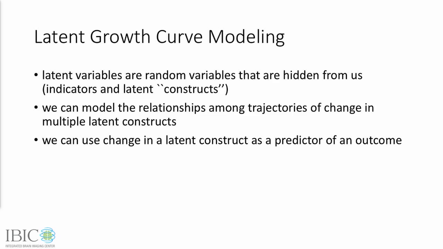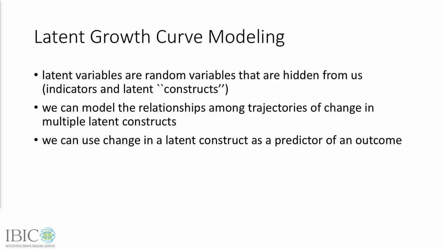But none of these allow you to do latent growth curve modeling, which can allow you to answer these questions that are so important. The reason latent growth curve modeling is so powerful is that you have this distinction of a latent variable, which is a true random variable, but it's hidden from us. For example, the slope of change is something you don't actually measure.